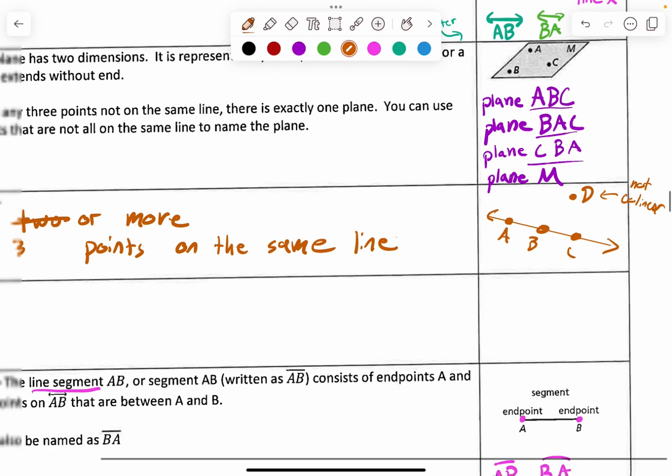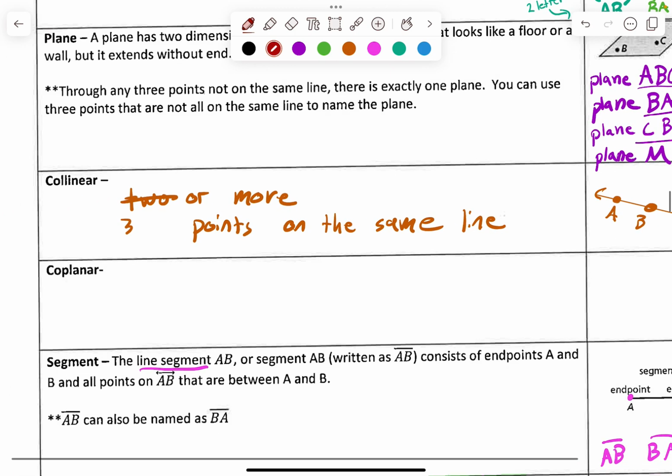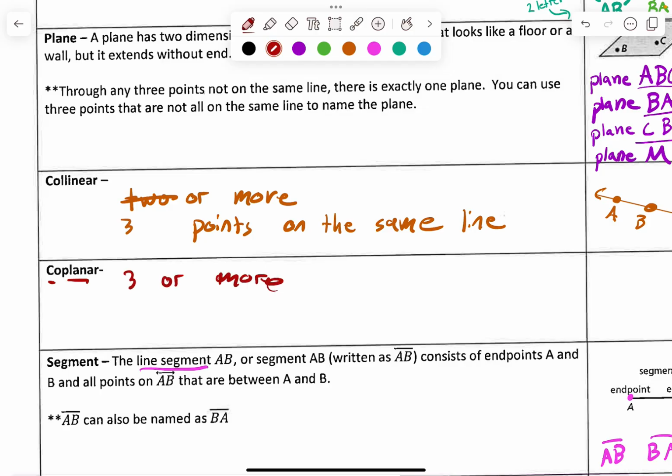That's about it. And so our second piece here is coplanar, which is the same thing, but for planes: 3 or more points on the same plane.